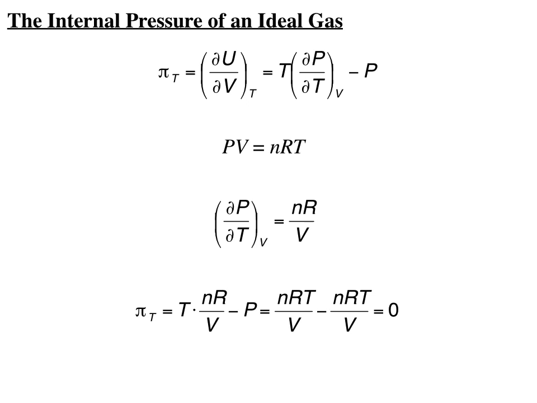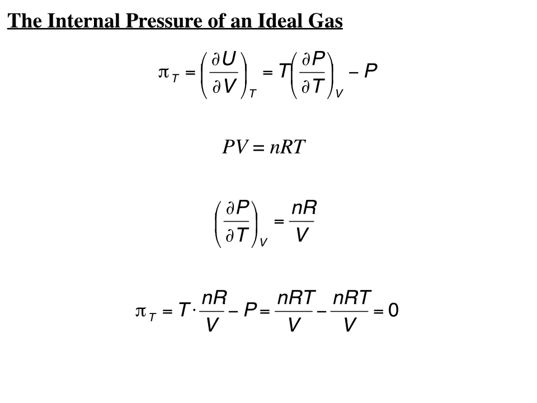So if I stick that into the first of my partials at the top, π_T is equal to T times nR over V minus P. And of course, T times nR over V, if I substitute for P equals nRT over V, I get that π_T equals nRT over V minus nRT over V for any gas at any volume, any temperature, any amount I want. π_T is 0 if the gas is ideal.